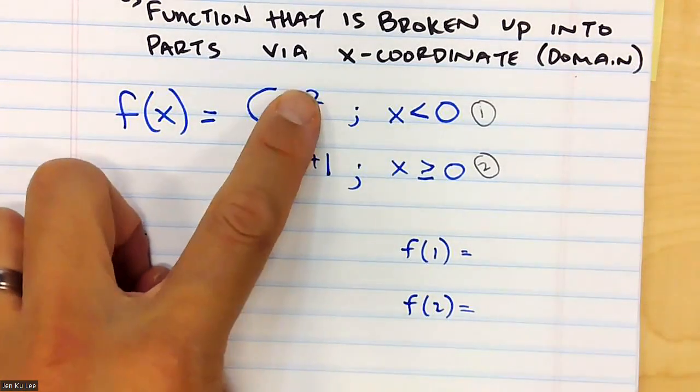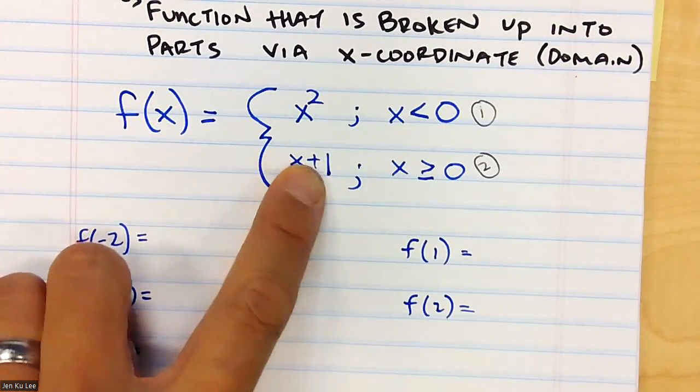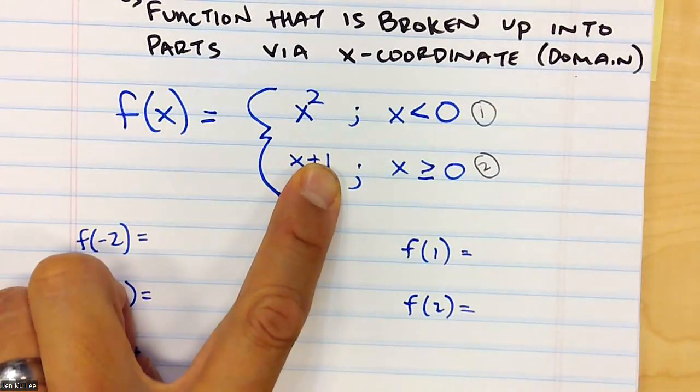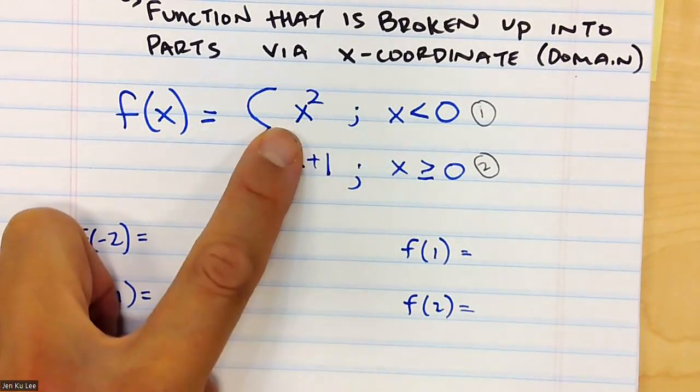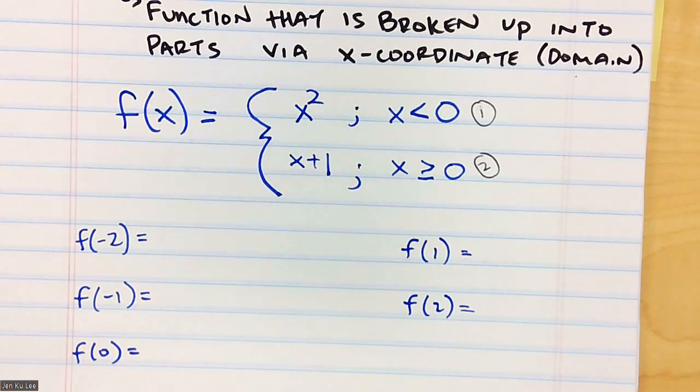Would I plug it into x squared or x plus 1? 1 if you think it's x squared, 2 if you think it's x plus 1. 3 if you are confused. And be honest, so I know. Okay, so I need to explain this more.